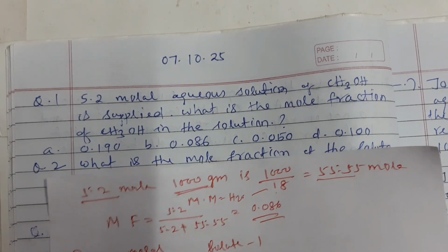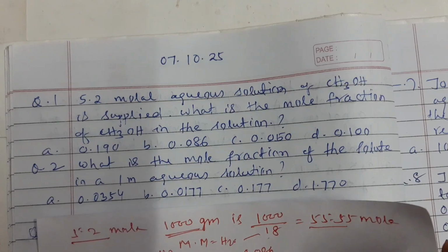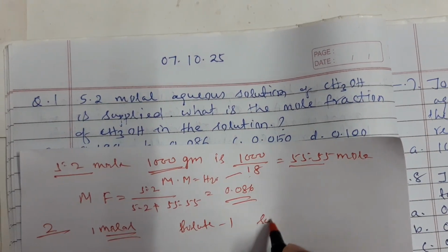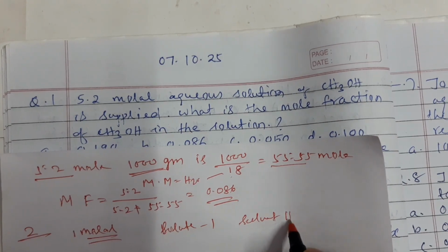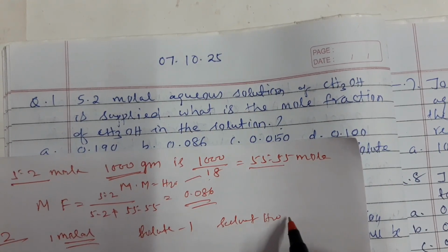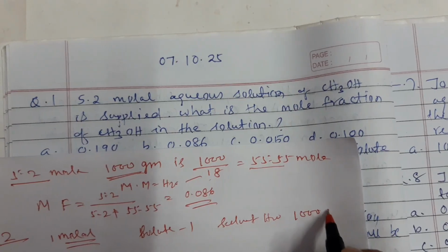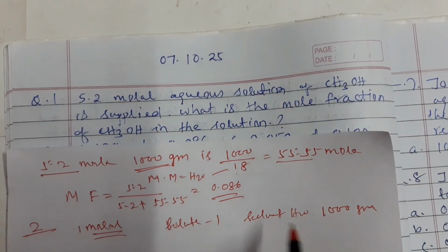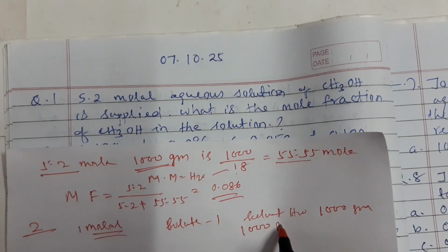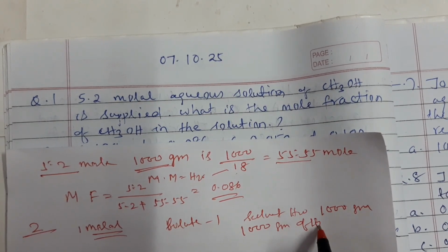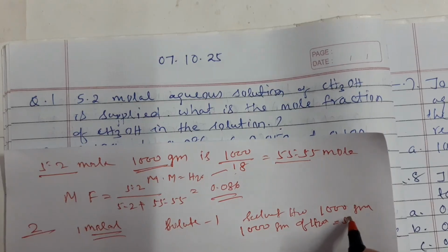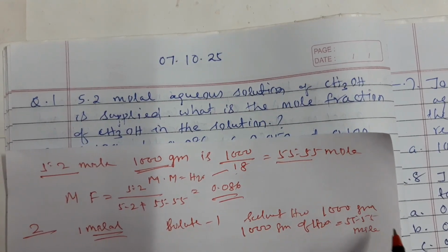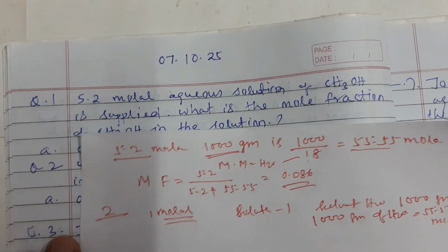And a 1 molar aqueous solution means the solvent is water. Aqueous means water. The solvent is 1000 gram. How much mole is 1000 gram of water? It is equal to 55.5 mole.